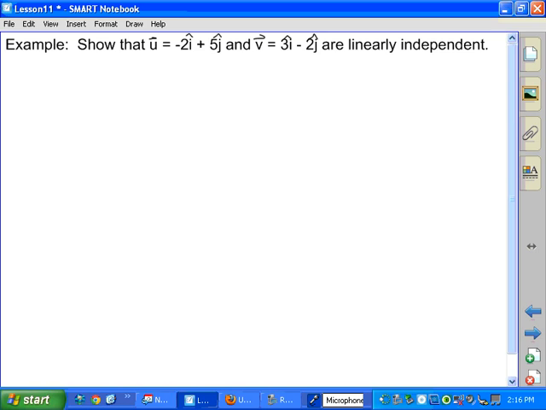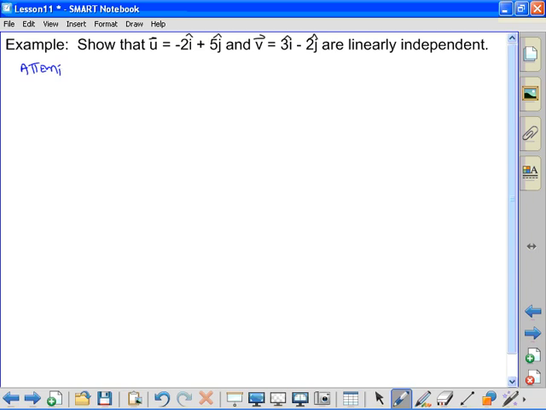For linear independence, I'm going to attempt to prove linear dependence, just because the math's a little bit easier, because what I'm looking for is au plus bv equal to the zero vector.